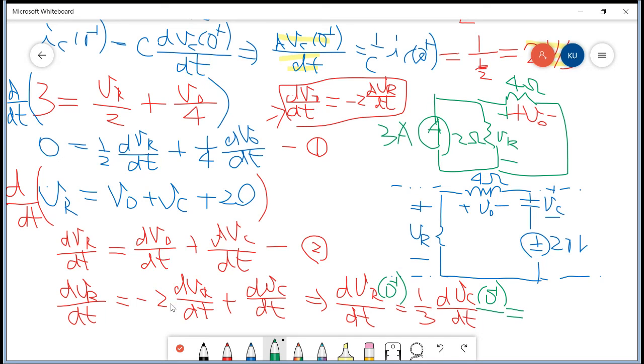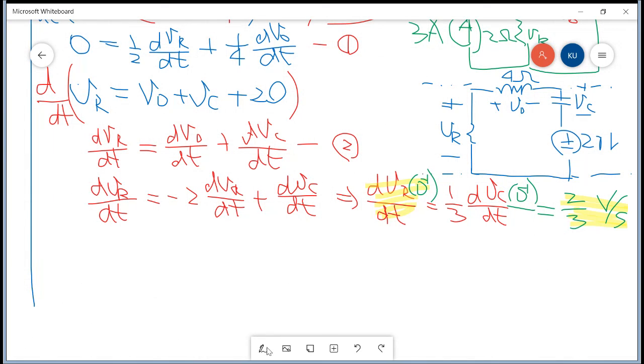And actually dVC(0+)/dt is 2 volt per second. So this is 2 over 3 volt per second. This is the third answer for part B.